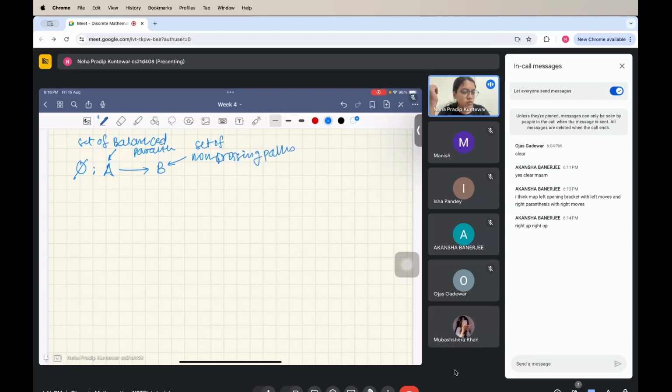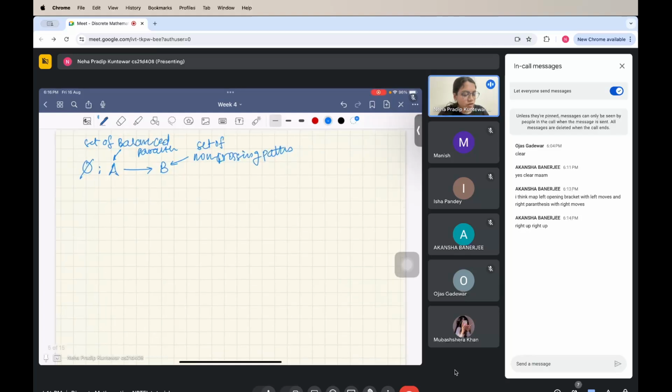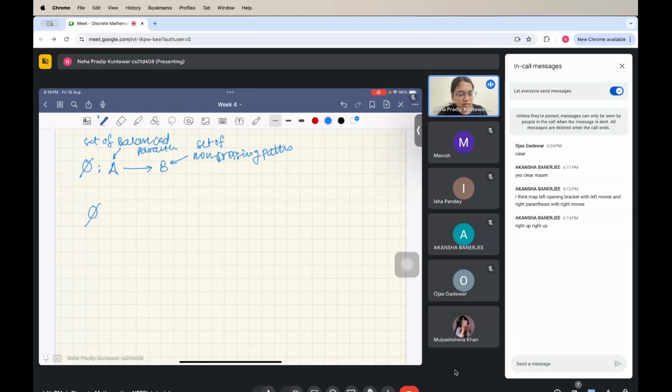Like Akansha pointed out, what does the function do? It takes a bracketing, and converts it into a string of rights and ups, a string of length 2n, such that the number of rights is n.